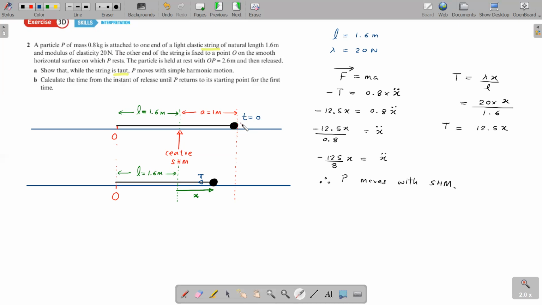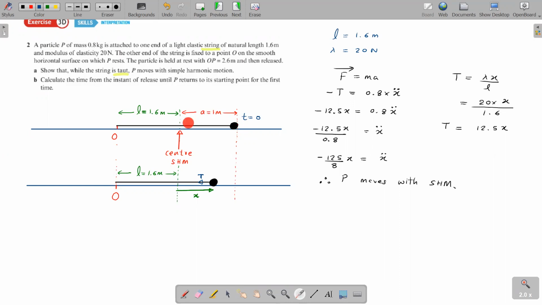Okay, so now this is where the difference occurs between springs and strings. Simple harmonic motion always occurs only when the string is taut, because if the string is taut, you have tension, and you need tension in order for this particle to perform simple harmonic motion. So what's the problem that we face here? From the amplitude until you come to the center, there's no problem.